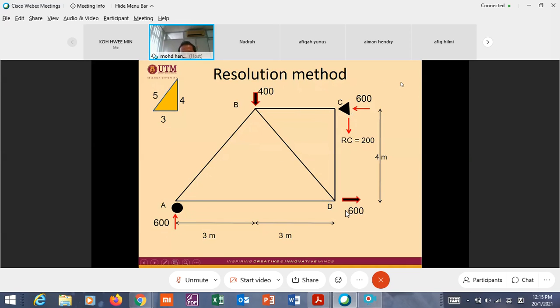For example, can you start with joint B? Cannot, because there are how many? 3 members. 1, 2, 3. More than 2. Can we start from joint D? 1, 2, 3. Also cannot.